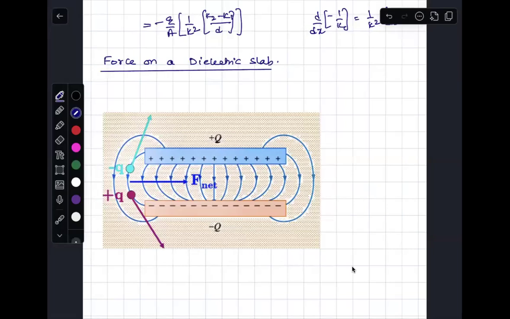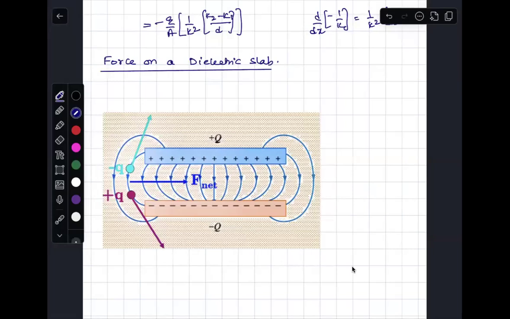Practically speaking, at the edges of a capacitor plate, the electric field lines are like this. Such field lines are called fringed field lines. Till now, the ideal condition is that you felt the field is uniform.